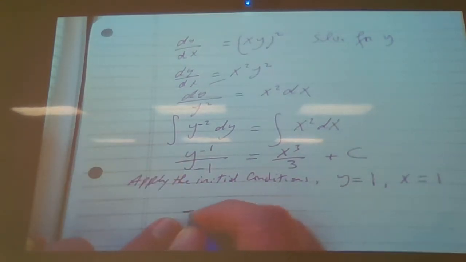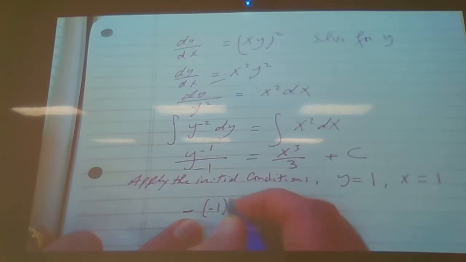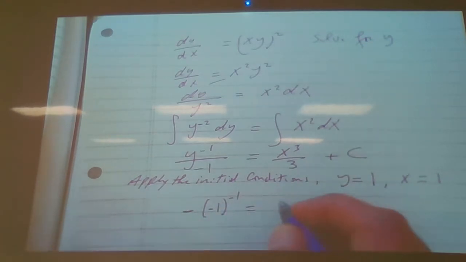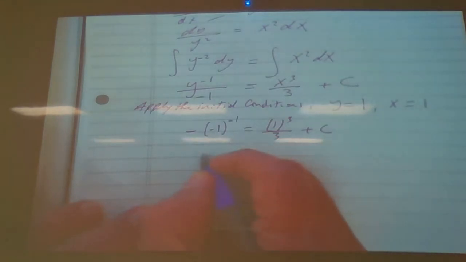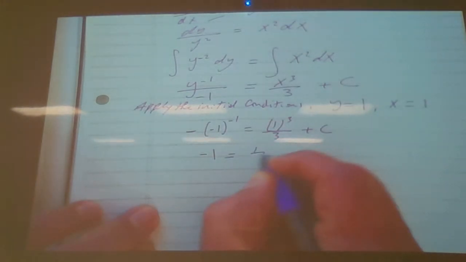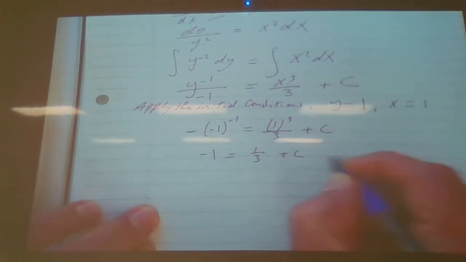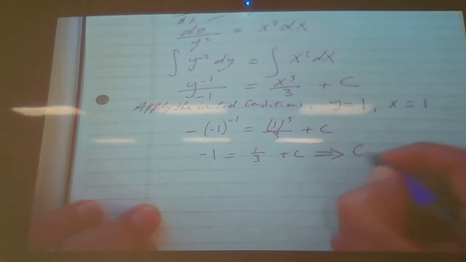So I have negative 1 to the negative 1 equal 1 to the third power over 3 plus c. So what I have here is negative 1 equal 1/3 plus c. That's going to give me a c of negative 4 over 3.